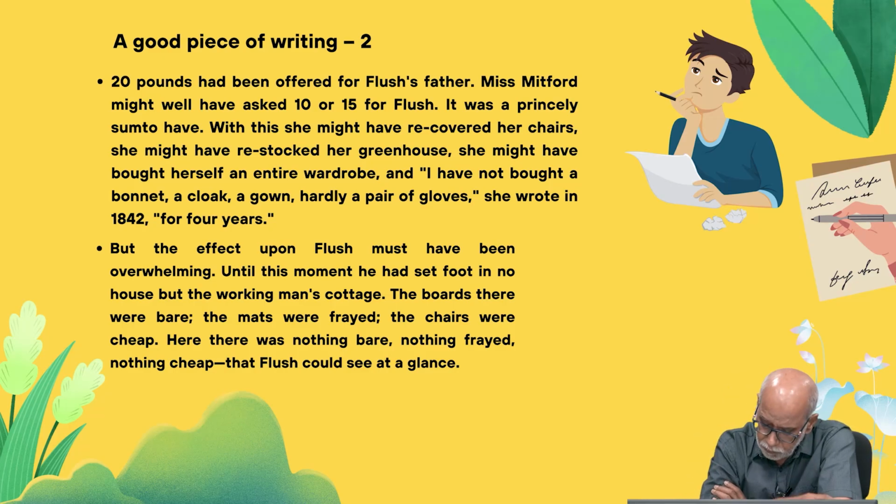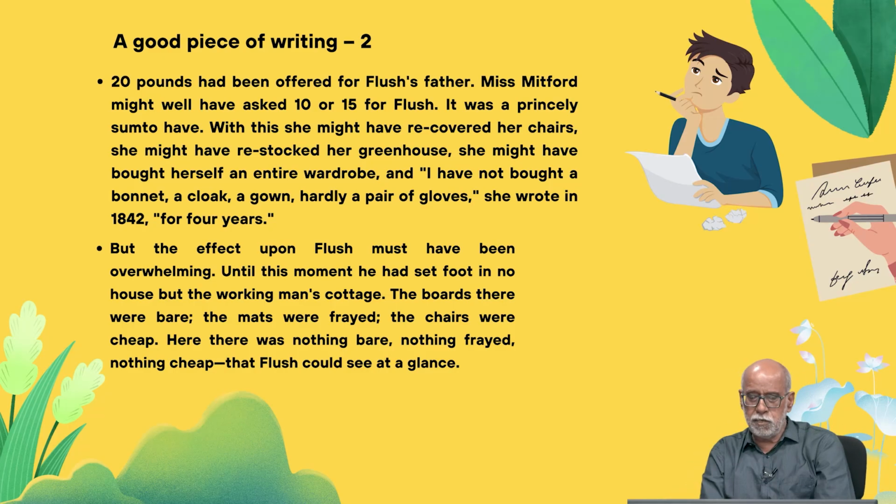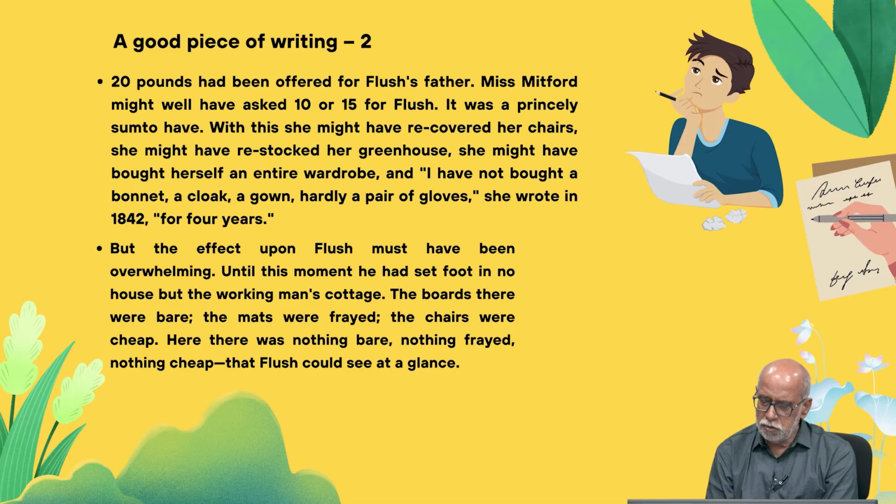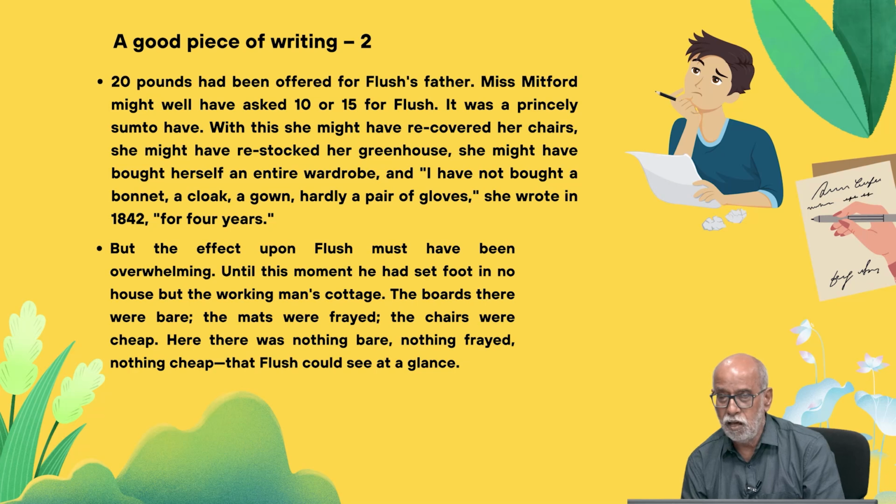Okay. Now Flush compares with his present situation, but here there was nothing bare. Everything was covered with either carpet or towel or a piece of cloth, but there was nothing bare, nothing frayed, nothing cheap that Flush could see at a glance.